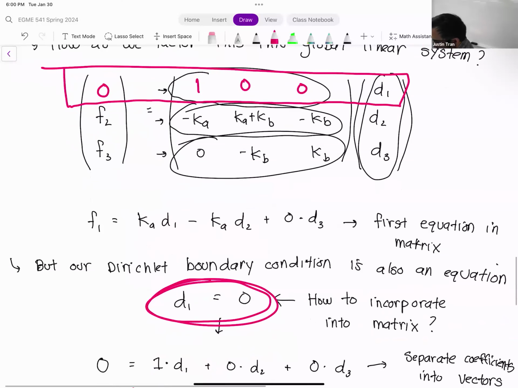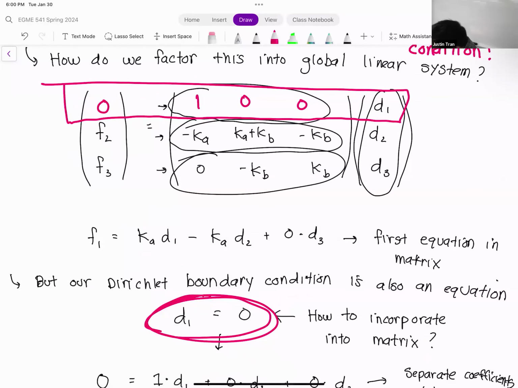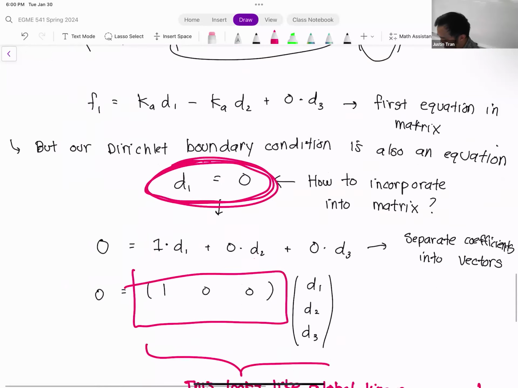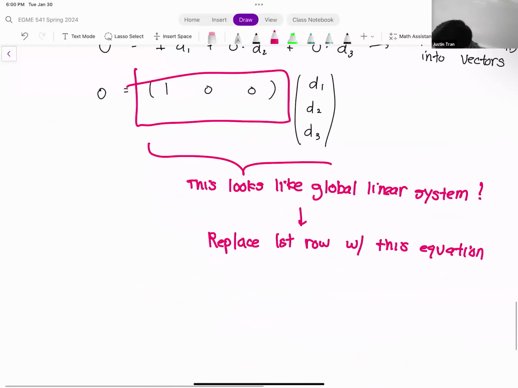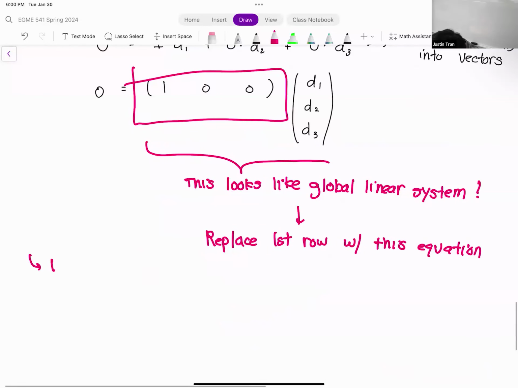To apply a Dirichlet boundary condition, you write out the equation that it satisfies, and then you replace a row in the linear system that corresponds to that unknown. Let me write that down. So Dirichlet.